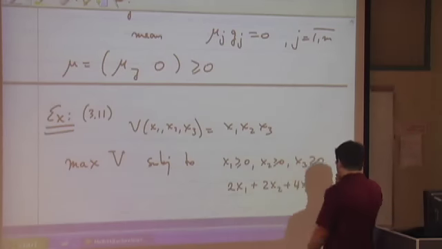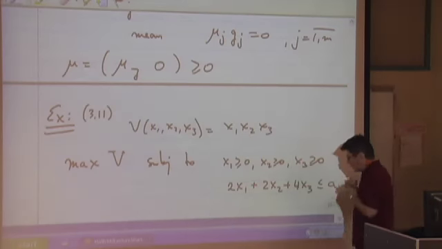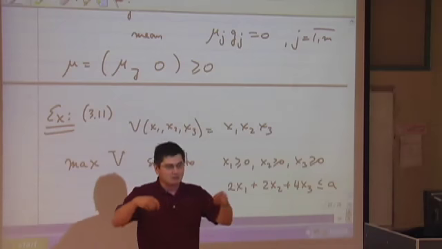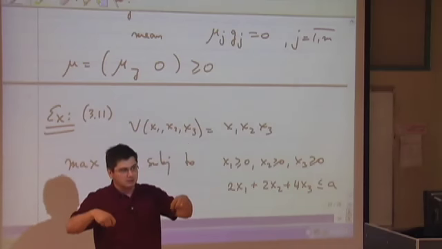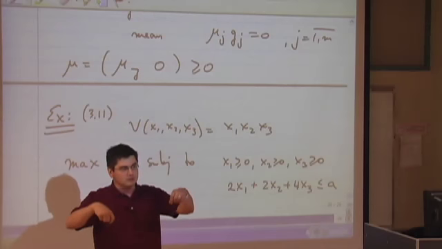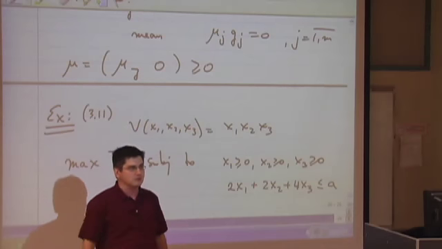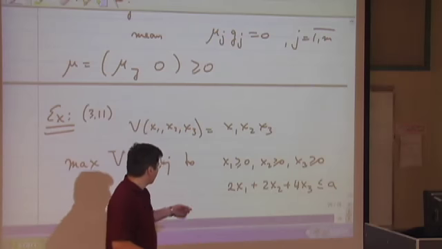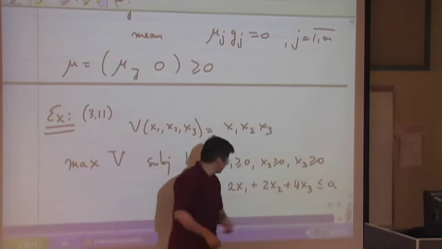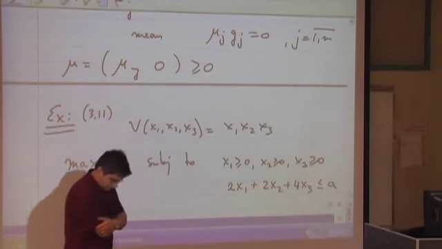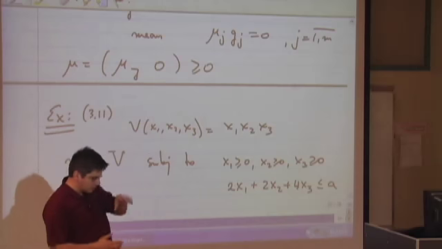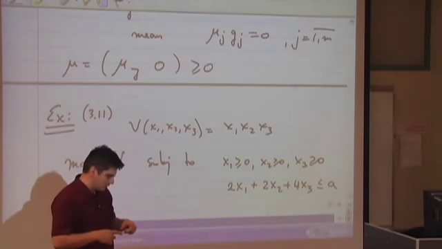And it took me a while to figure out why is it 2x1, 2x2, 4x3, until I just took a box and wrapped it. And then you'll see that x1, x2 are the size of the top and the bottom.